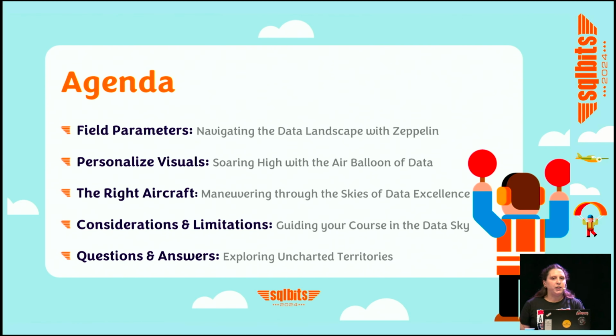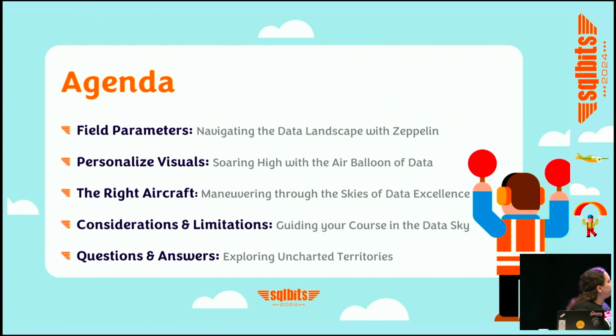Like I said, Bruno and I work together, and we like to discuss some approaches for different scenarios in our daily implementations. The idea is to talk a little bit about these approaches to self-service. Field parameters, we are calling a trip in a Zeppelin in the data landscape.